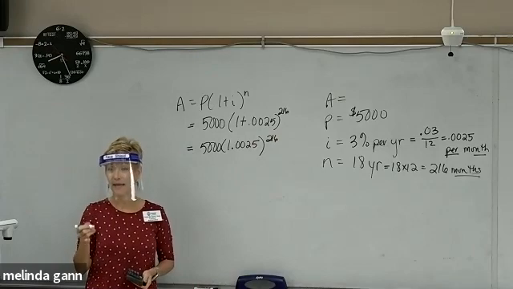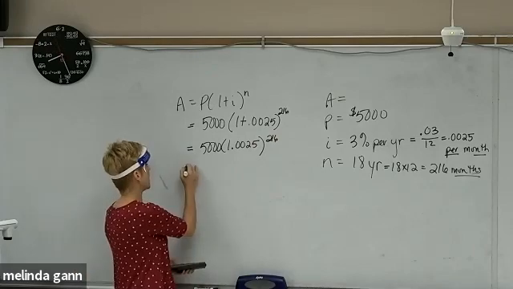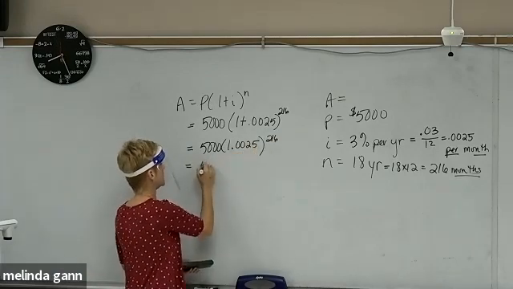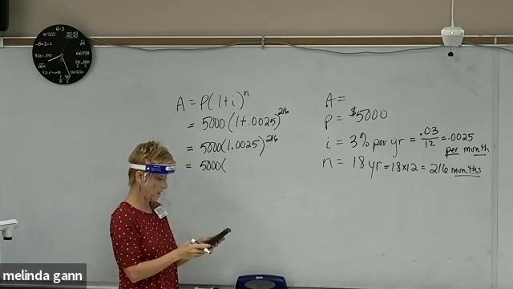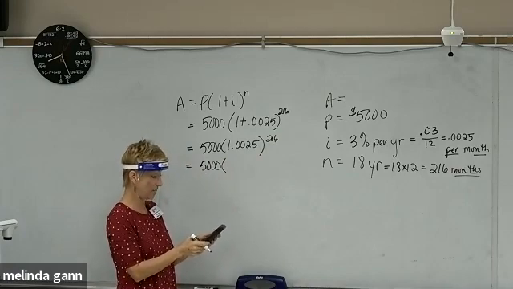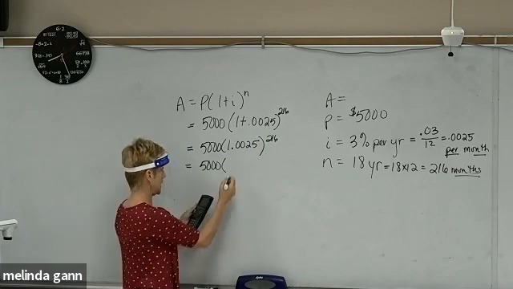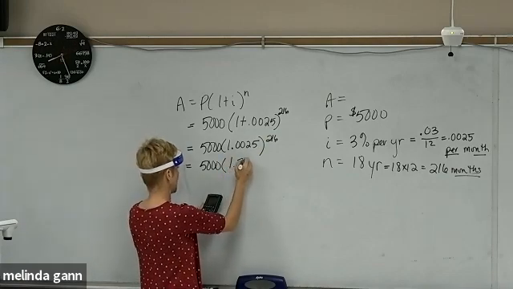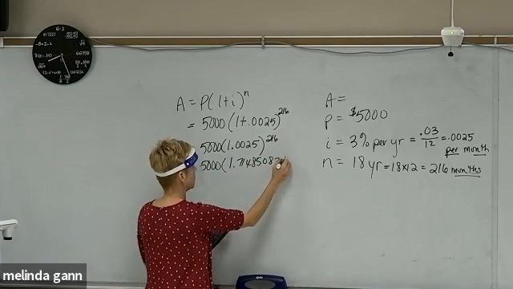Now, remind me again, after parentheses, what do I do? Exponent. So I've got to do this to that power first. I don't multiply by the 5,000 yet. So I've got 1.0025. I raise it to the 216th power. And I get this number, 1.714850874.